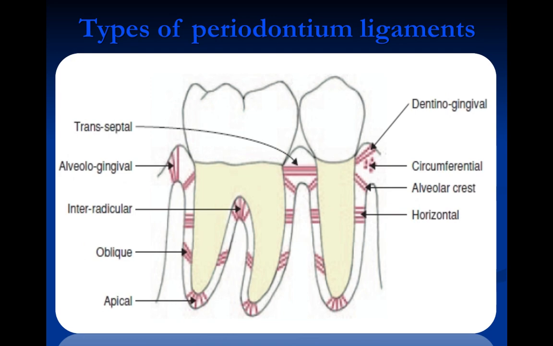Then oblique fibers are located on the middle part near the apical area, starting from the alveolar bone and fixed to the root cementum. And finally, the apical area. There are two types of apical fibers, radial and vertical.